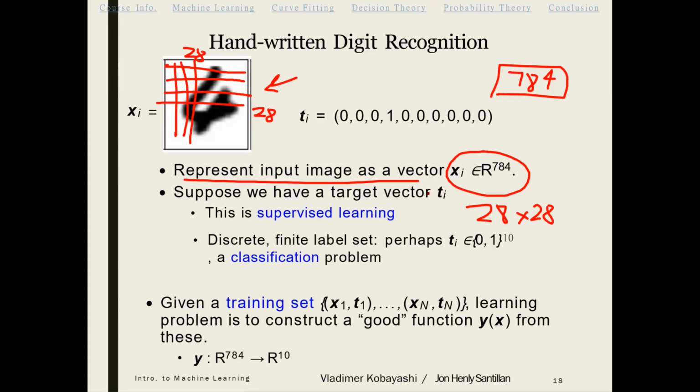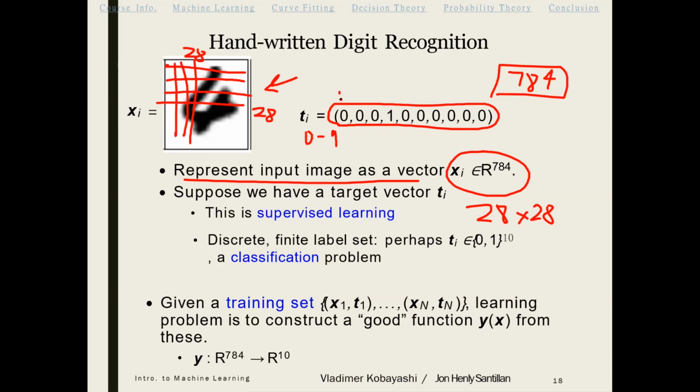Then suppose we have a target vector from 0 to 9. We can represent that as a vector of length 10. 0 siya sa ibang component except doon sa position kung anong klase siyang number.